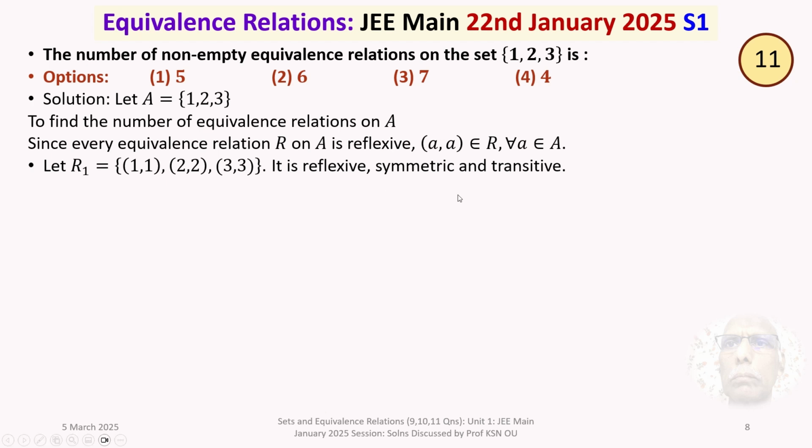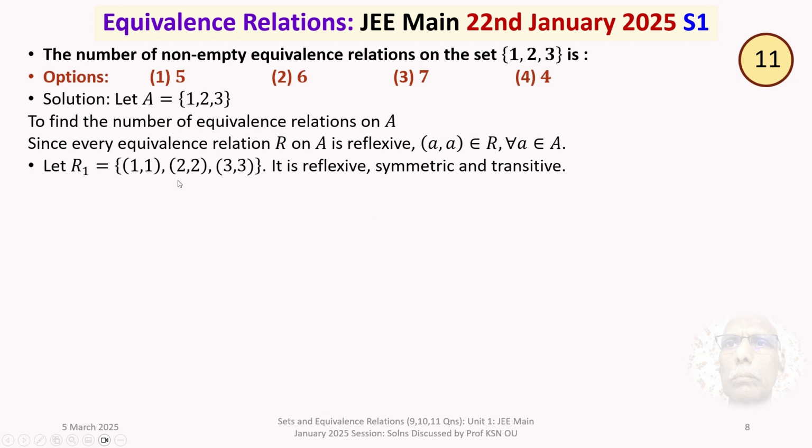So here many of our students ask the question, sir, how to test transitivity here? Read the definition of transitivity. What does the definition of transitivity say? Whenever (a, b) and (b, c) belong to R, then (a, c) belongs to R. Read carefully: whenever.